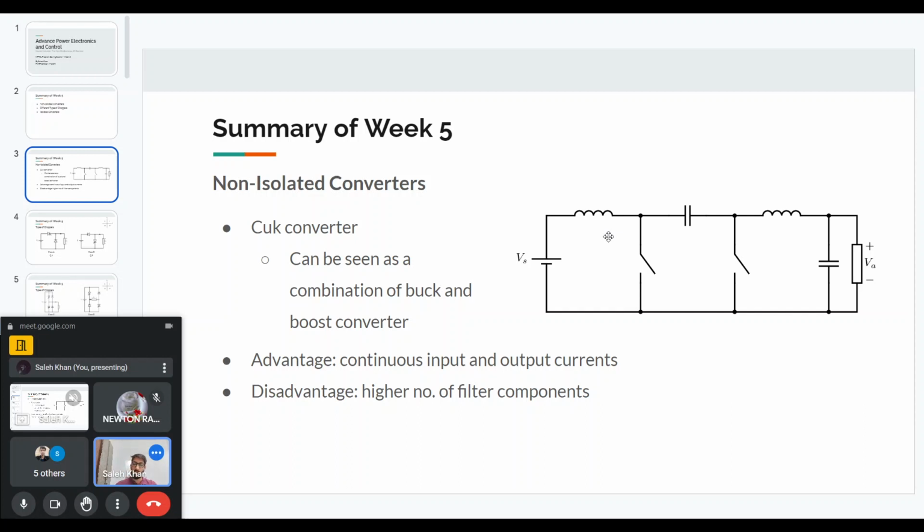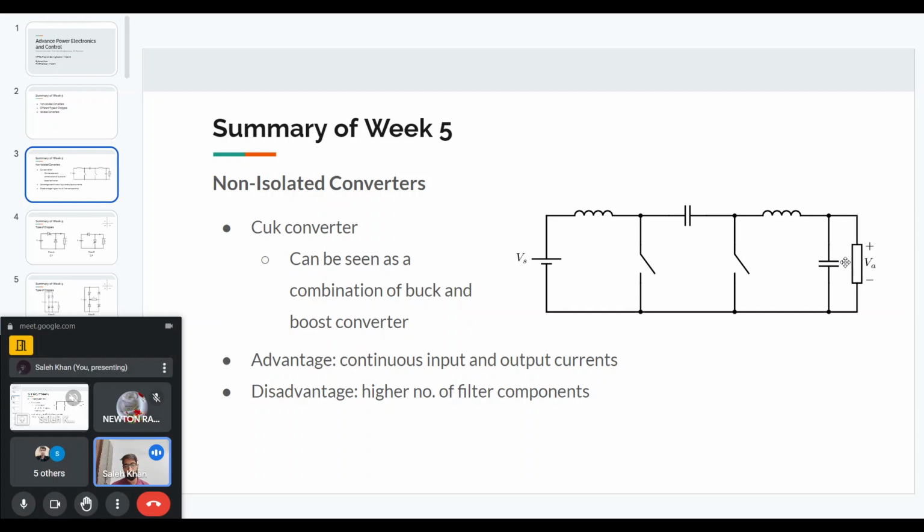So the Cuk converter is also a buck-boost type of converter. The output voltage is D divided by 1 minus D times the input voltage, where D is the duty. So it can produce voltages both less than and more than the input. So it's a buck-boost converter.